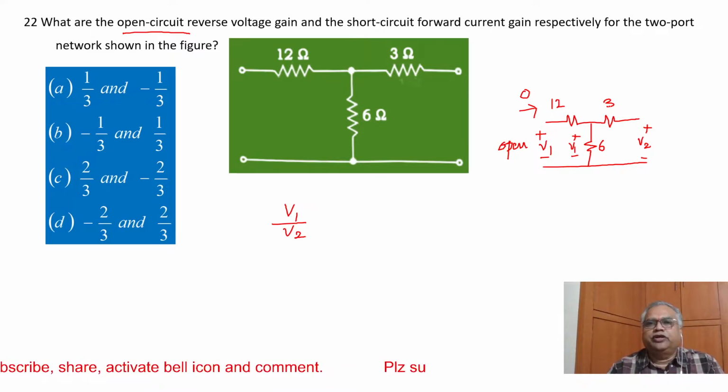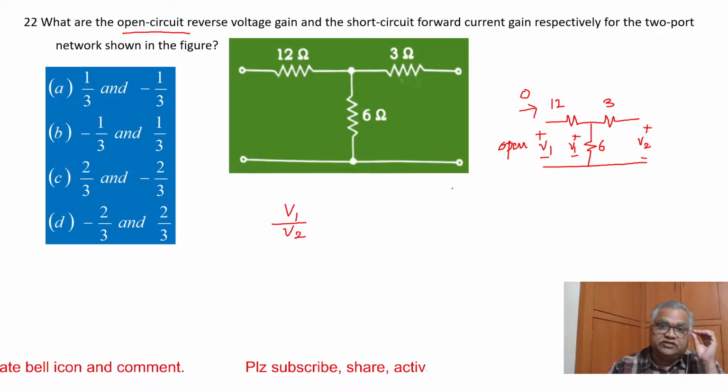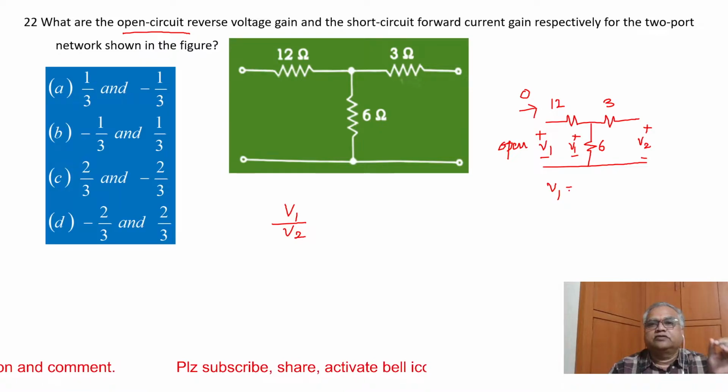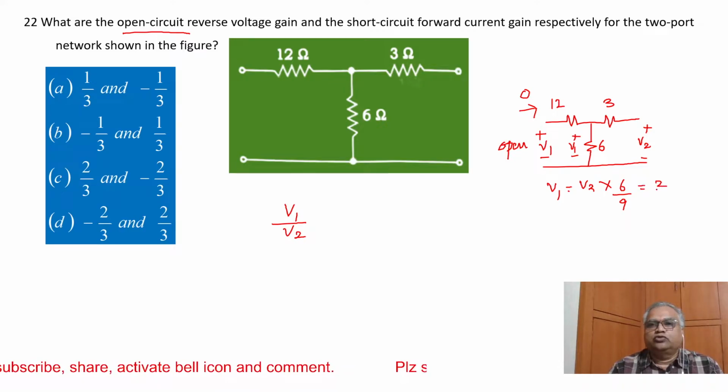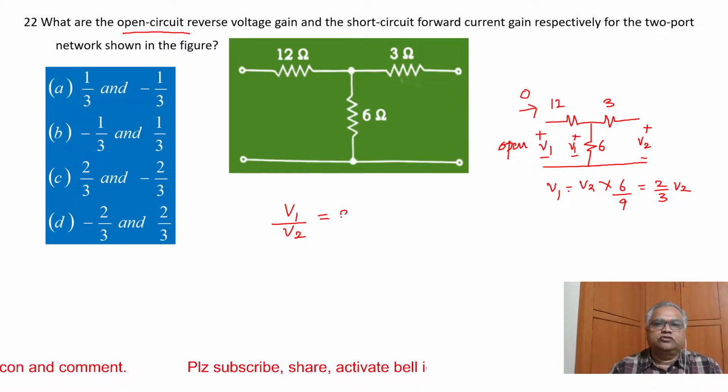Now V2 is applied 3-6 series. So what is V1 from this? V2 into 6 by 9. This is 2 by 3 V2. So V1 by V2 answer is 2 by 3.